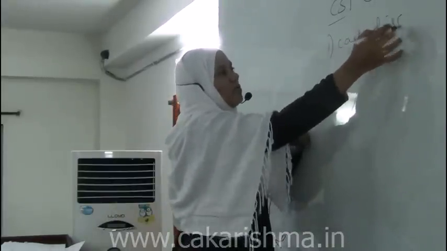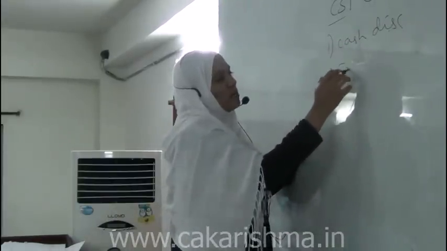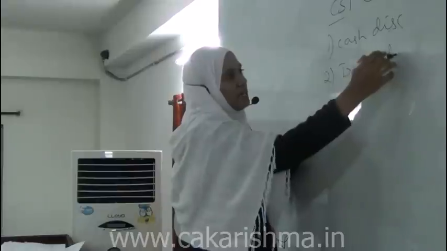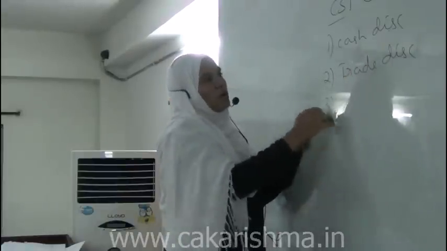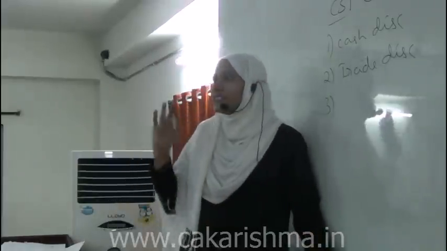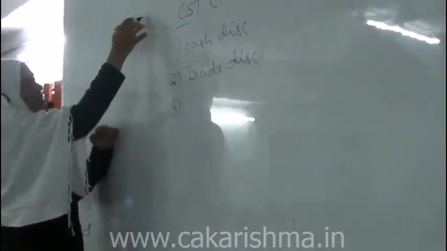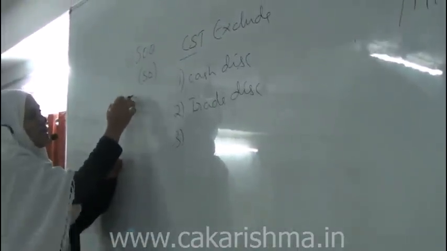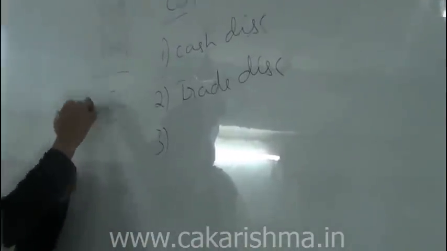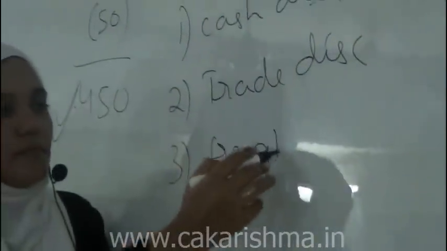Cash discount. For prompt payment, we will give. Trade discount. For good business, we will give. Okay, on these discounts, there is no CST. That means, see an example. 500 is the price, 50 is the discount. CST will be attracted on 450. Okay. Now we are discussing what about freight.